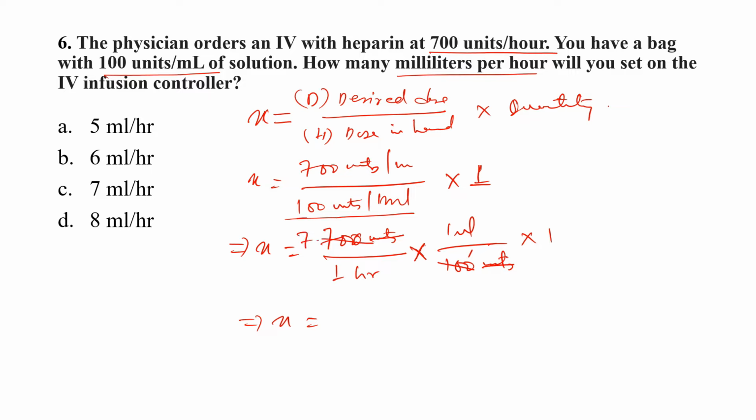So the value of X will be 7 ml per hour. So the correct option is option C, that is 7 ml per hour.